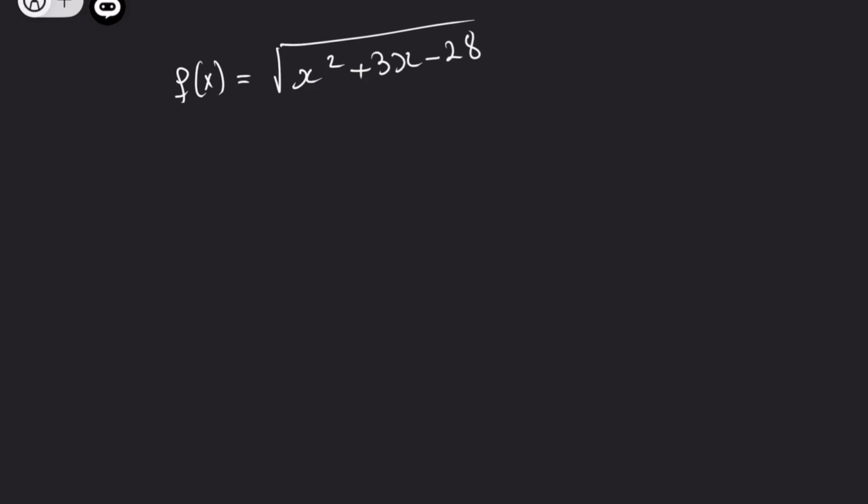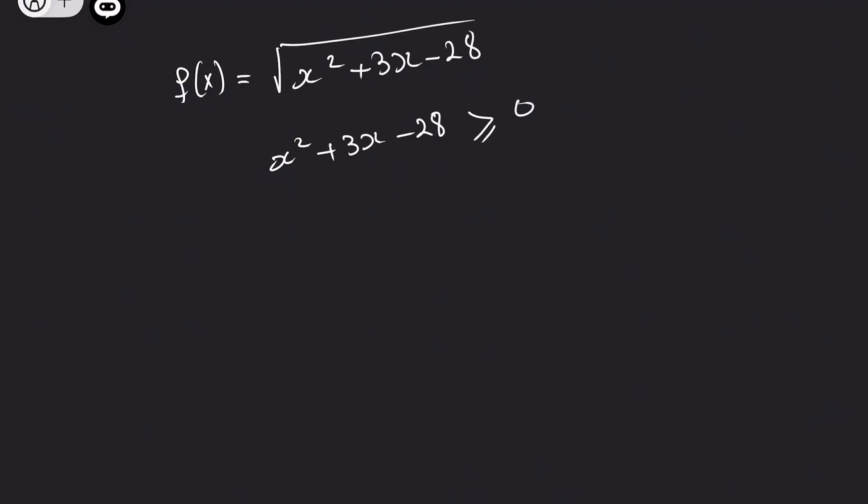Okay, let's have another example. We have this function f(x) equals the root of x squared plus 3x minus 28. Now, as we said before, what is inside the root must be bigger than or equal to 0. So x squared plus 3x minus 28 is bigger than or equal to 0.